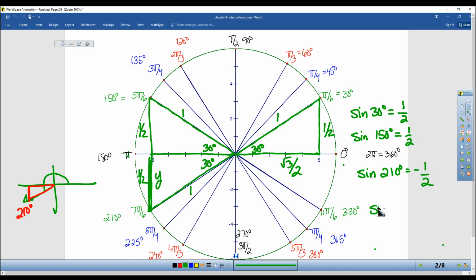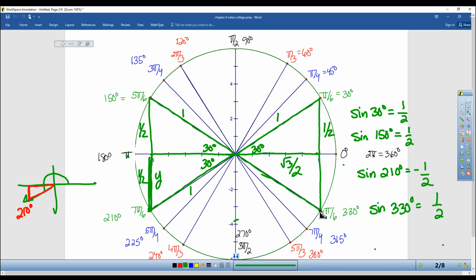And then last one, sine of 11 pi 6, or 330 degrees. Oops, not 333, 330 degrees is going to be also 1/2. And is it positive or negative? Well, if I go all the way around to get to this angle, even though that's where 330 degrees is, I'm still just going to draw it right here.